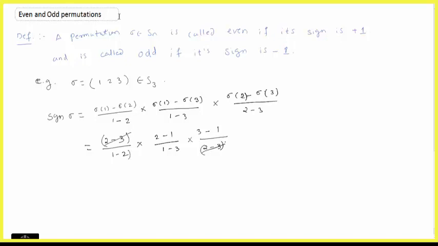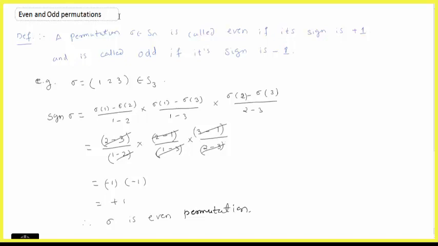This 1 minus 2 cancels with this 2 minus 1 with a minus sign, and this 1 minus 3 cancels with this 3 minus 1 with a negative sign. So this is equal to +1. Therefore sigma is an even permutation.